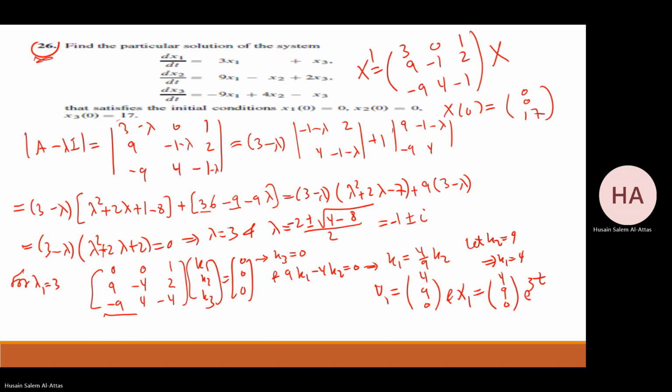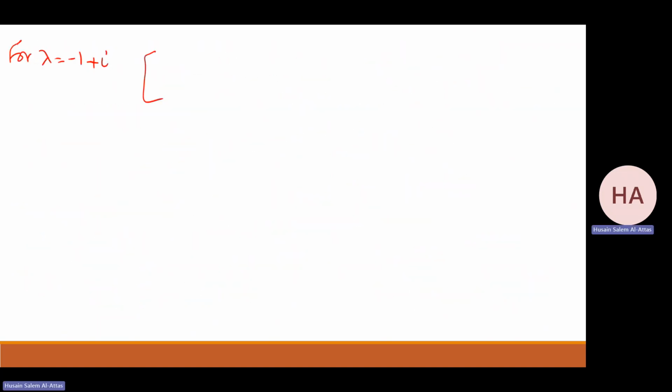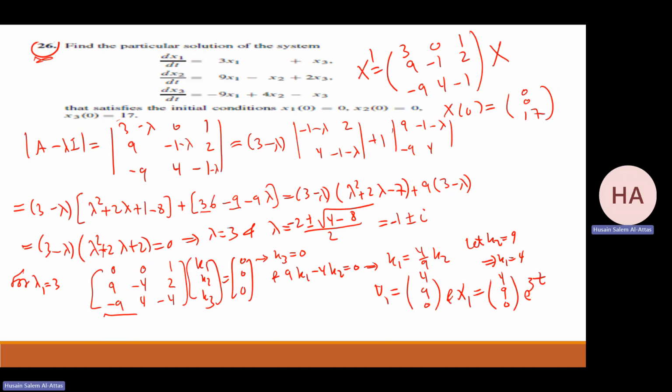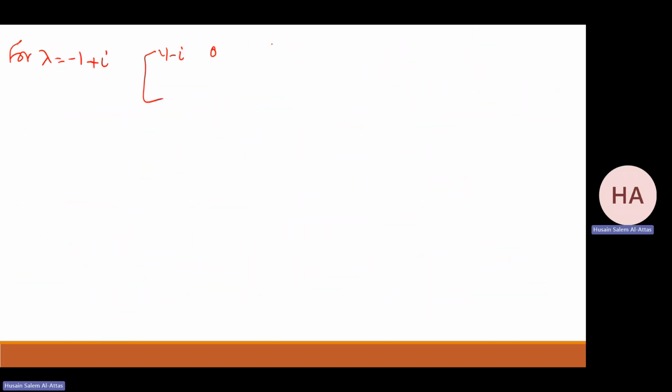Now for lambda equal minus 1 plus i, to solve the system: 3 minus lambda will be 4 minus i, 0, 1. 4 minus i, 0, 1. 9.